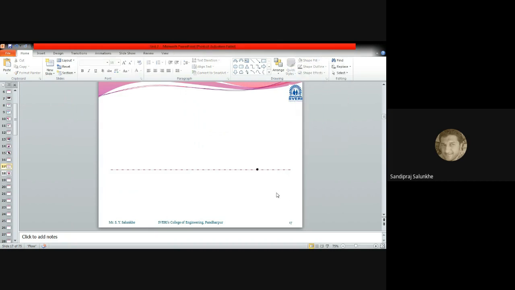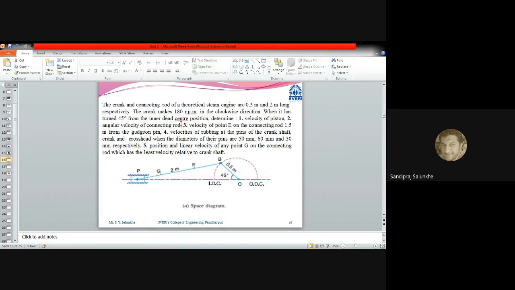So I located this point, and it has been given in the problem that the crank is rotating at 45 degree from inner dead center. So the inner dead and outer dead center we have to locate first, and then we can locate a line which is at 45 degree from inner dead center.